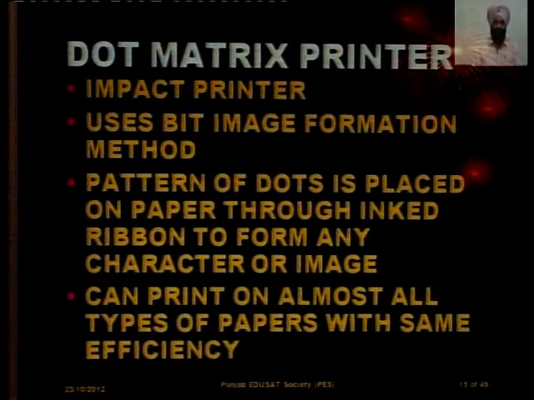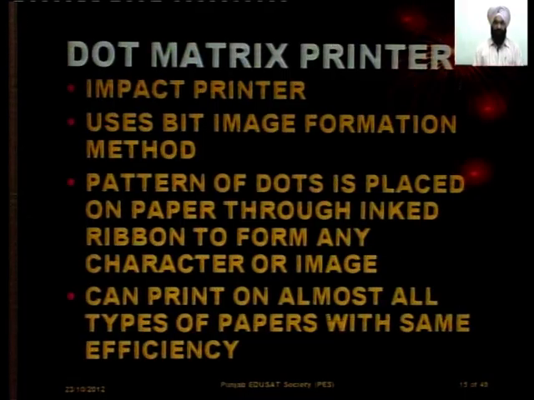There is no advanced character formation in this kind of printer, so any style or any required image or any required character can be formed by using this kind of printer. The pattern of dots is placed on paper through an inked ribbon to form any character or image. Here the pattern of dots is placed on paper.